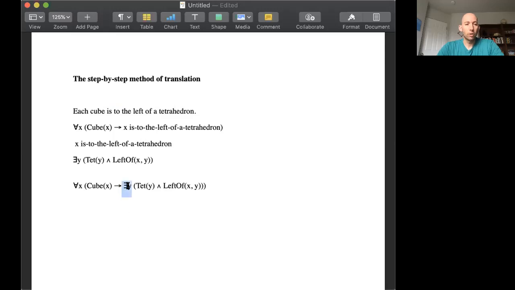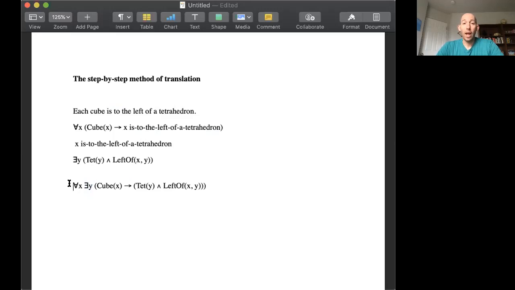So we could take this and put it out here, and the sentence would still mean the same thing. Note that I did not put the existential quantifier out in front of the universal quantifier.